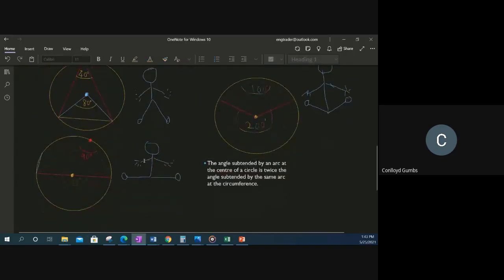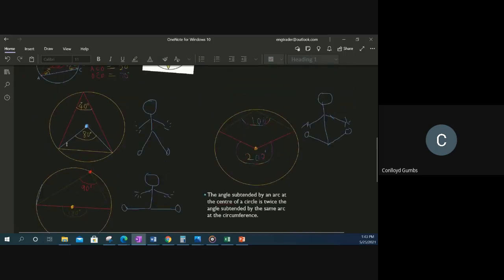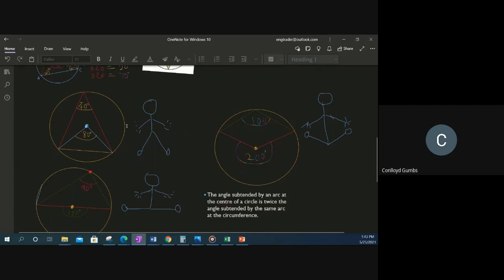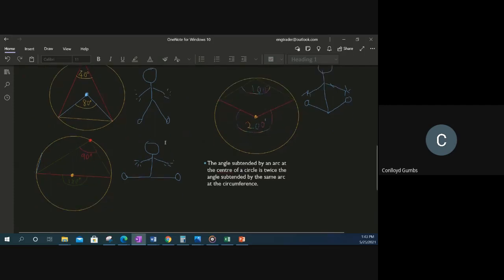If I had to say it, I would say this angle here, the angle subtended by this chord touching the circumference, and the angle from the center that subtends the same chord, this one will be twice the size as this one here. Whatever you put in, you could refer to it specifically, because when you have letters, you could say AOC is twice ABC because of the theorem. So this here is the theory.